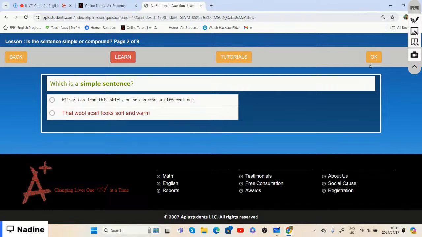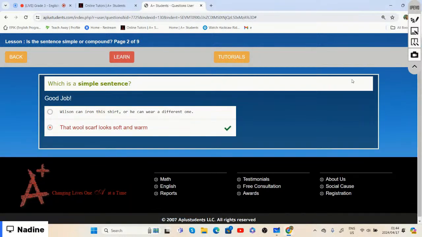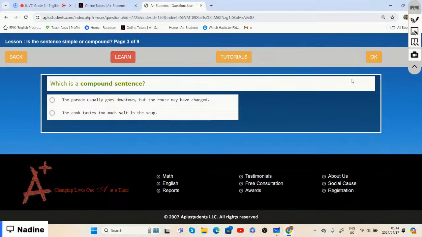So if we were to choose the simple sentence, we would choose option two, the wool scarf looks soft and warm. Well done. The second one is correct.